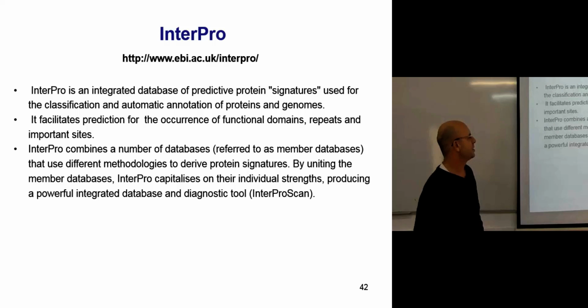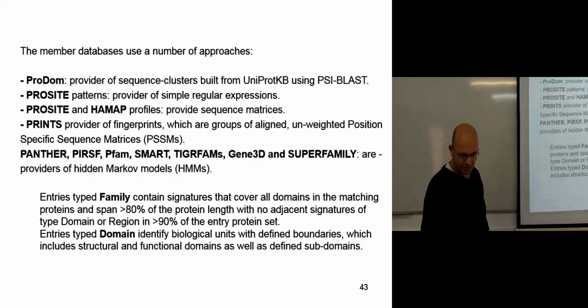That's why it's very useful, because it's a one-stop station for analysis of proteins, of protein families. Okay? So it does include, for example, PFAM and PROSITE, but also maybe 10 other resources. And the names of all the resources, I think, are listed in one of the slides, and for sure on their website.